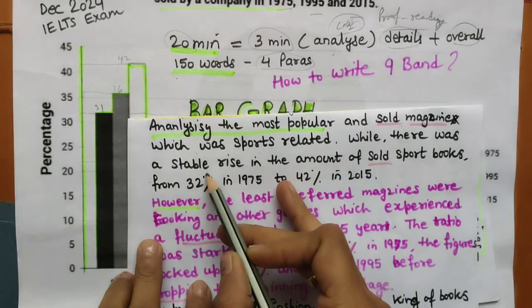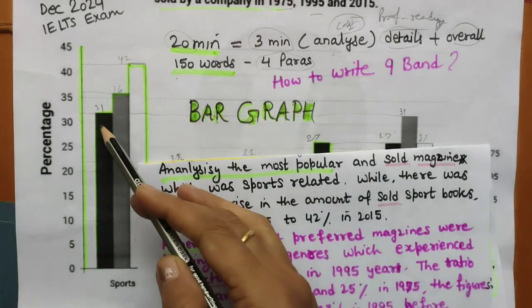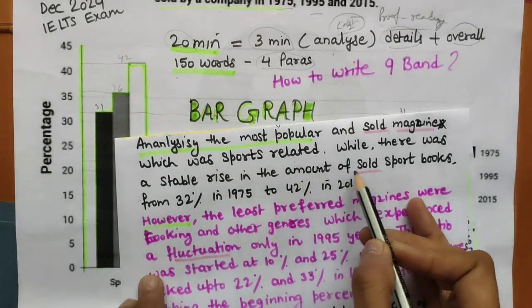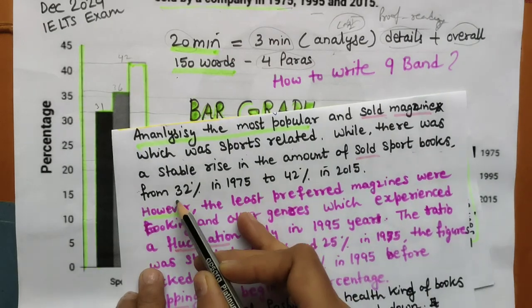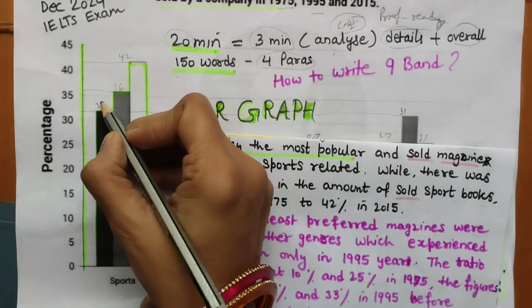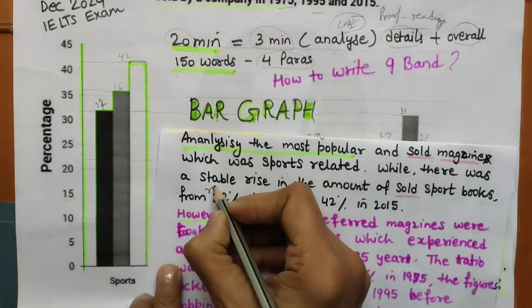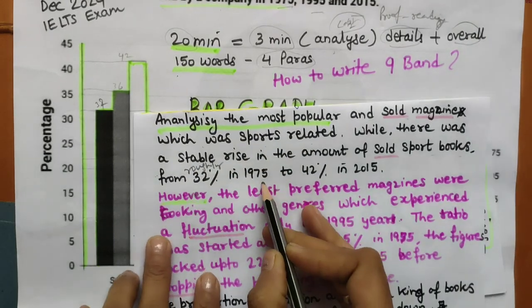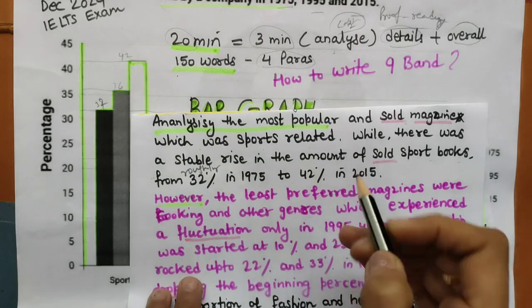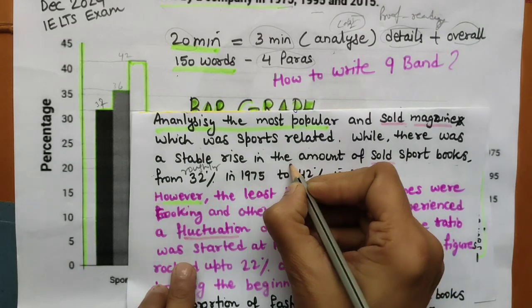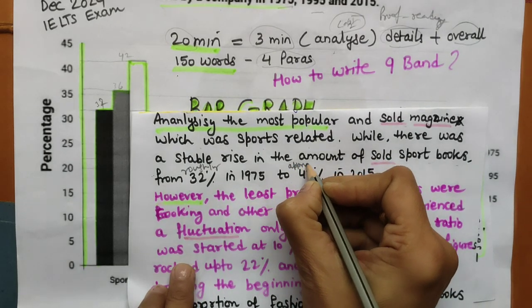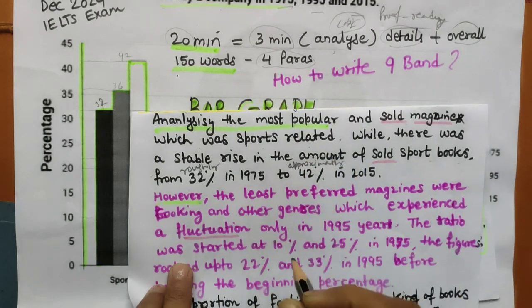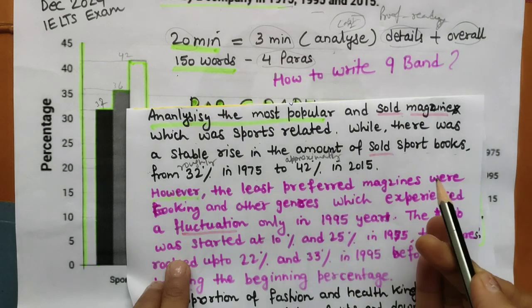While there was a stable rise in the amount of sports magazines sold, from roughly 32% in 1975 to approximately 42% in 2015.